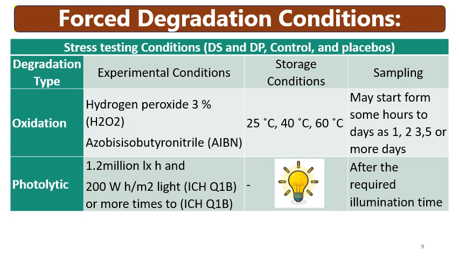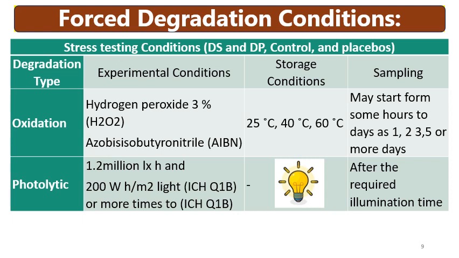Then photolytic. So the photolytic condition is given in the ICH, and it involves 1.2 million lux hours and 200 watt hours per meter square light exposure as per the ICH Q1B. So this is the normal requirement for stress testing.